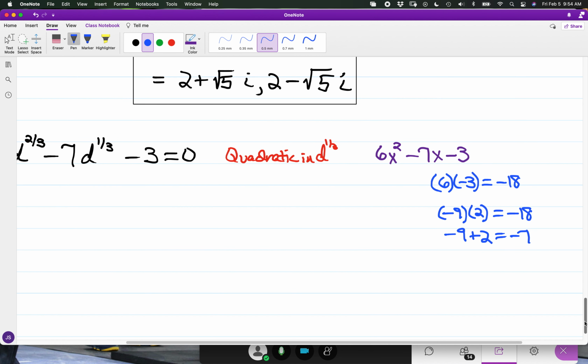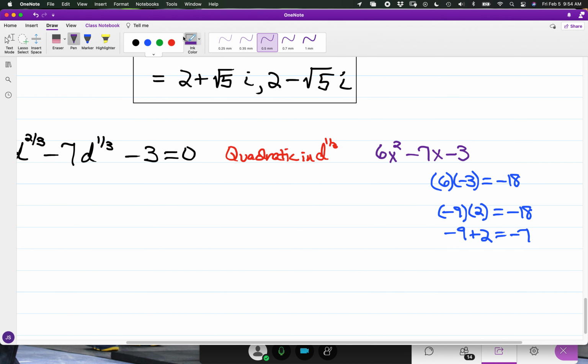So for this setup, you have 6x squared minus 7x minus 3.